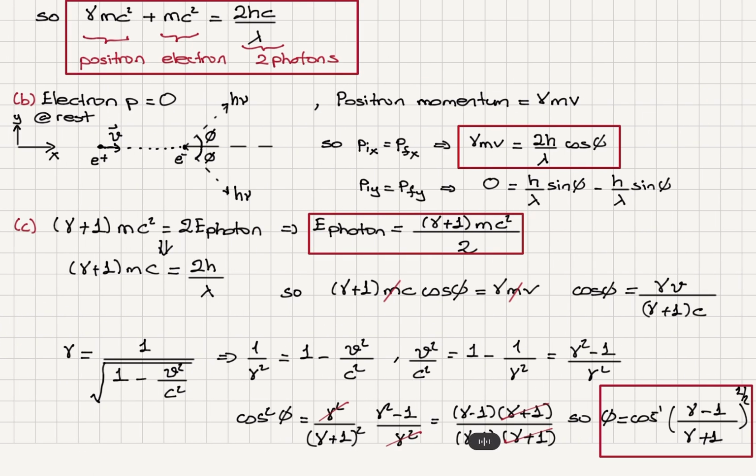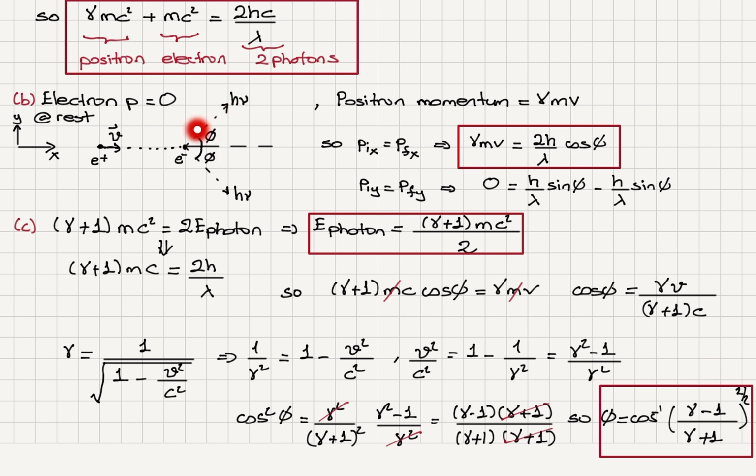Now, electron momentum is 0 at the beginning because it's at rest, but the positron momentum is gamma mv. So on the x-axis, if we write momentum conservation, gamma mv, the initial momentum of the system, is equal to the final momentum, 2h over lambda cosine phi.